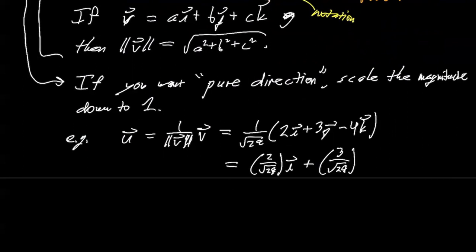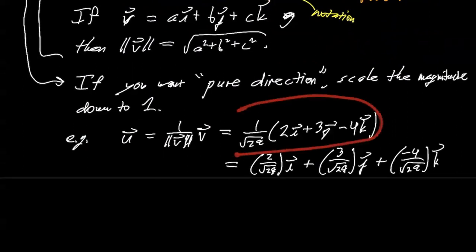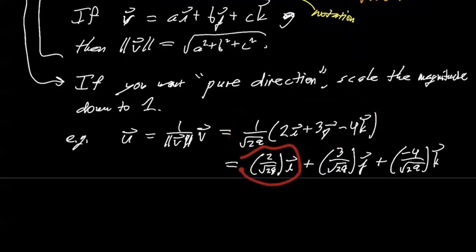If I really wanted it to be all pluses with components, it could be something like this. Honestly, I think it looks nicer just to write it like that. But if you really want to think about it as some multiple of i plus some multiple of j plus some multiple of k, you can.